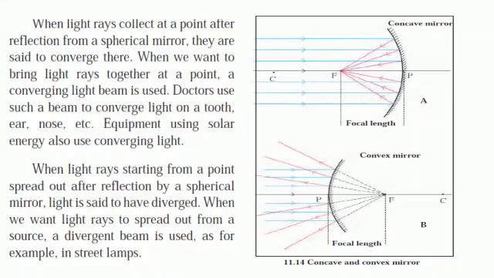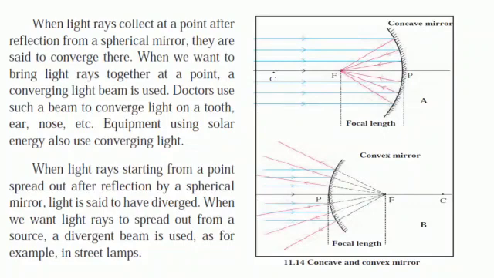Below it we can see light rays starting from a point spreading out after reflection by a spherical mirror. After falling, the incident blue rays fall on the reflecting mirror. What happens to them? They get spread out after reflection by a spherical mirror. The light is said to have diverged.